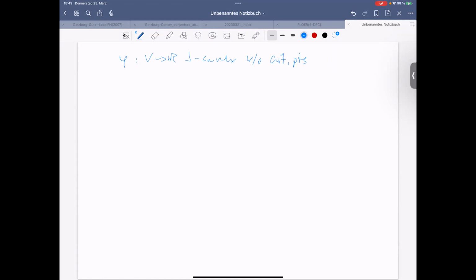Then it follows that all level sets of phi, which are now codimension 1 hypersurfaces, are J convex. Yeah. This implication follows immediately from the definitions, and the converse is also almost true. It's true under some technical assumption if the level sets are compact.